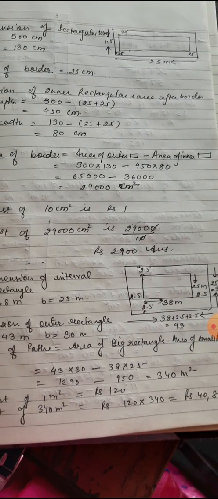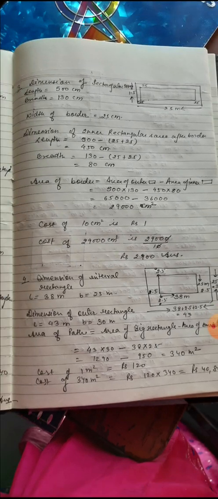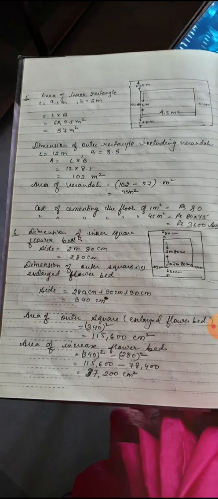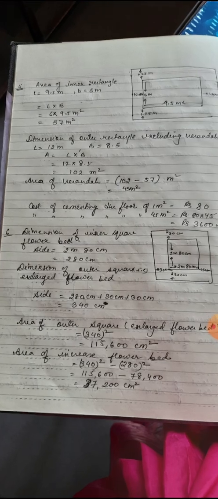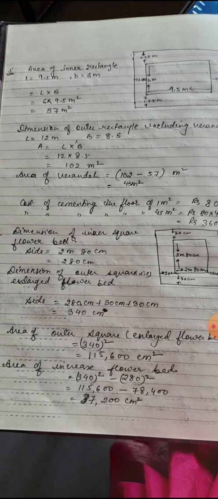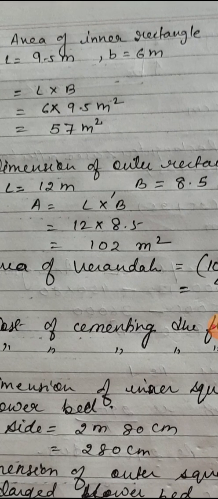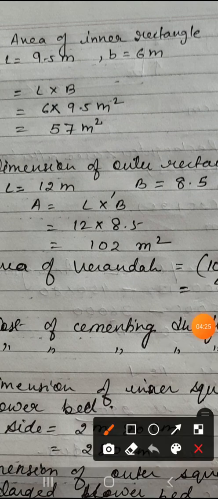The same thing, outer dimension given, inner dimension you have to find, and here children we are being given the inner rectangle, inner dimension given. So for the outer part we have to add. So when the length is given 9.5, here you can see this length is given 9.5.